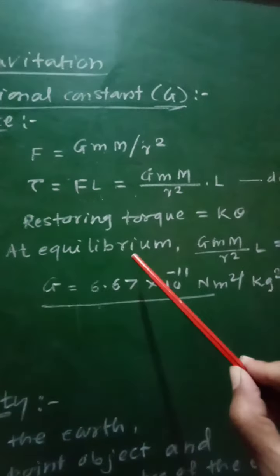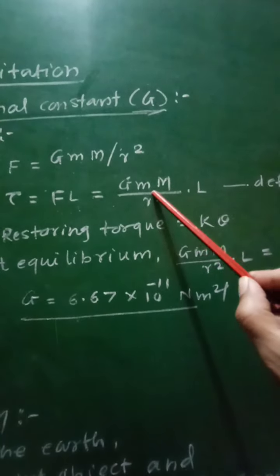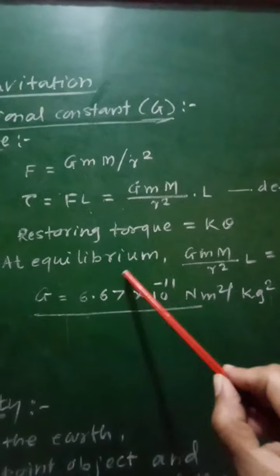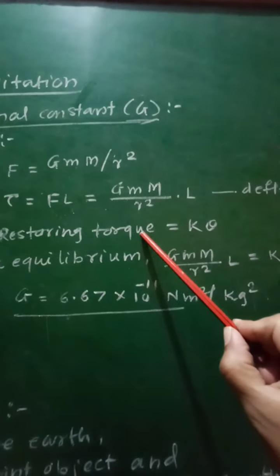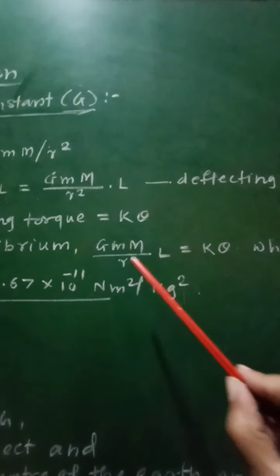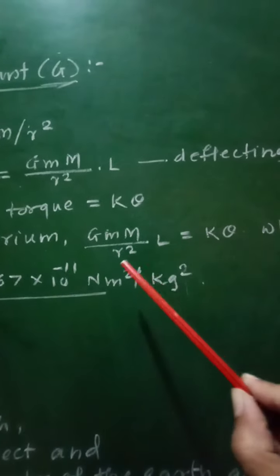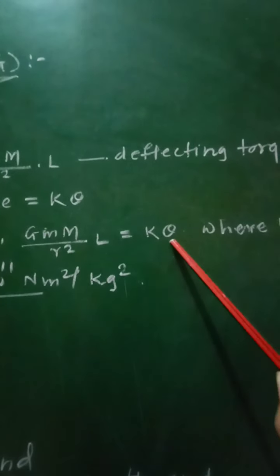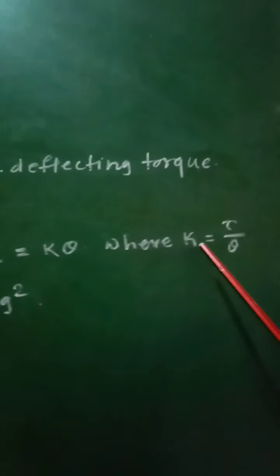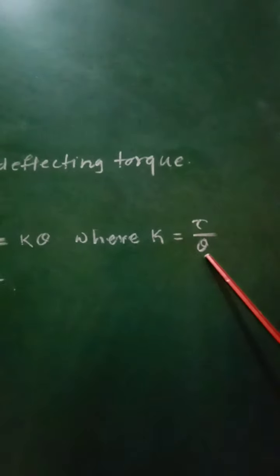Therefore at equilibrium the restoring torque is equal to the deflecting torque, so we can write GMm upon r square into L, the deflecting torque, equal to the restoring torque k theta, where k is the torque per unit twist or per unit angle.